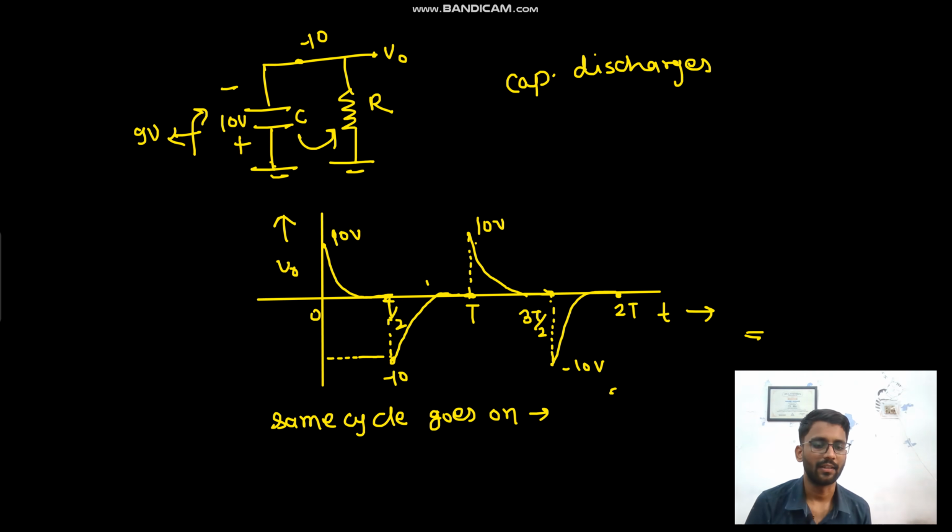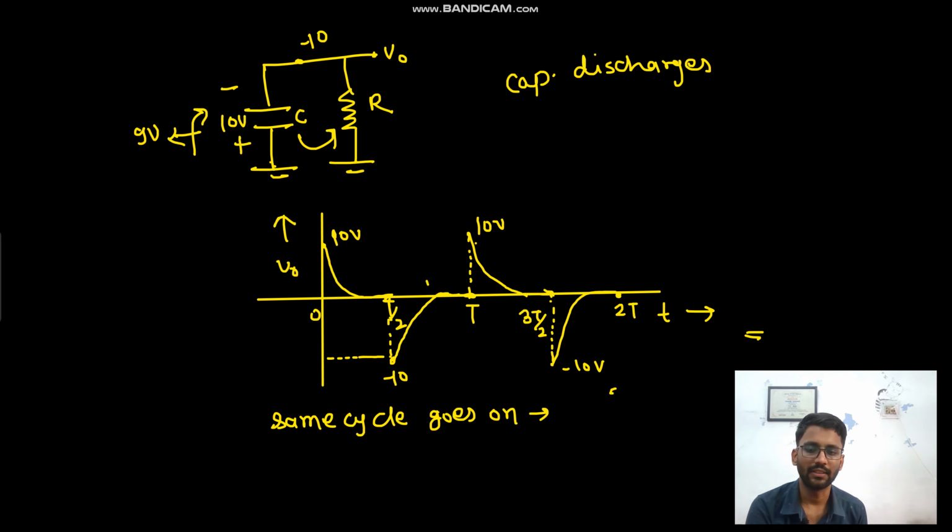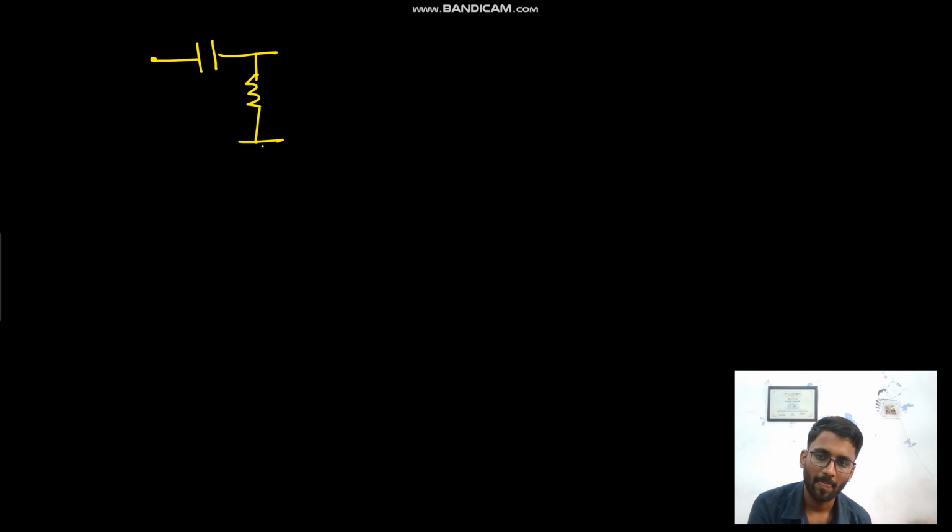Now we will see the second condition. The second condition you can also analyze by the concept of Bode plot or the frequency response. So here is your C and R, this is V in, this is V output.